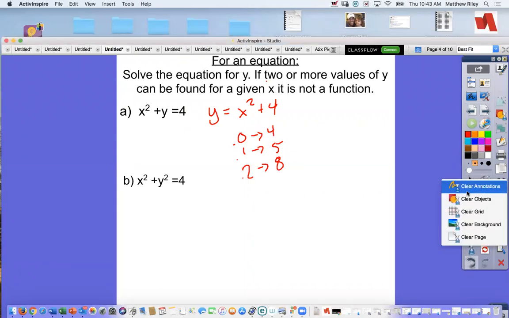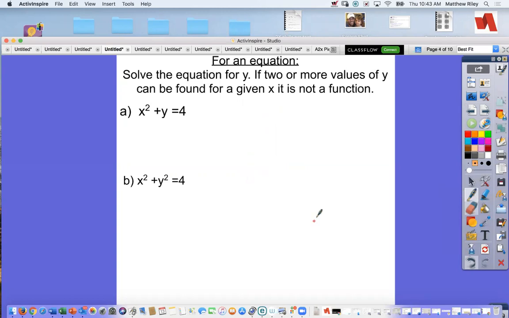Now I'm going to give you guys a heads up here in just a second. You're going to say, well, when would it not be a function? If I solve for y, how do I solve for y? How do I get rid of this exponent? By taking the what? Square root. Now, anytime you solve by taking the square root, remember, I have to account for positive and negative.